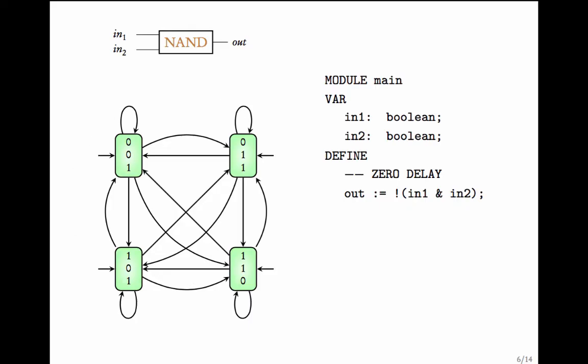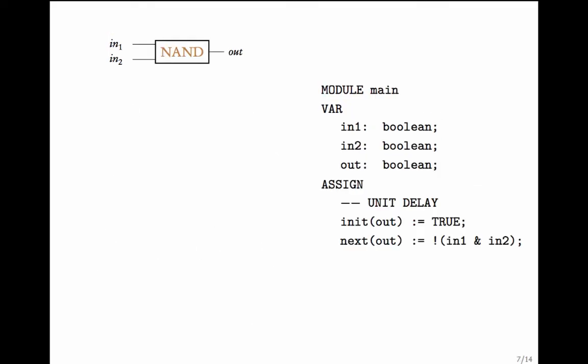Let us now slightly complicate the code. Instead of assuming that the output comes within a 0 delay, I am now assuming that the output comes after a unit delay. So we define out in the var block. We give some initial value for the output and say that once I have my inputs in1 and in2, the next value of the output is NAND of in1 and in2.